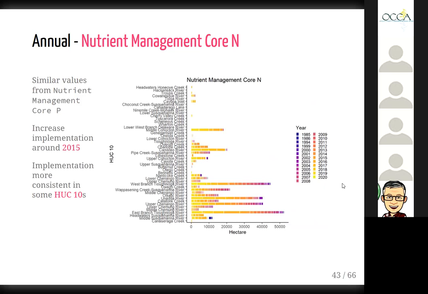And similar to what the map was showing you, some of the BMP implementation has been much more consistently reported in some of these Huc 10s. It's kind of the same thing with the buffer BMPs as well, as you'll see in a little bit.